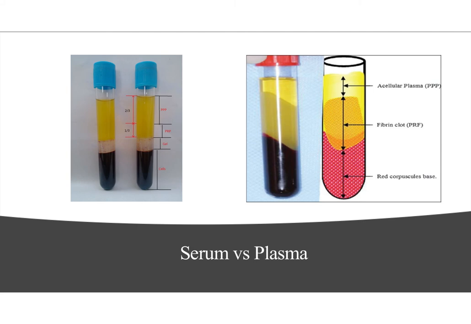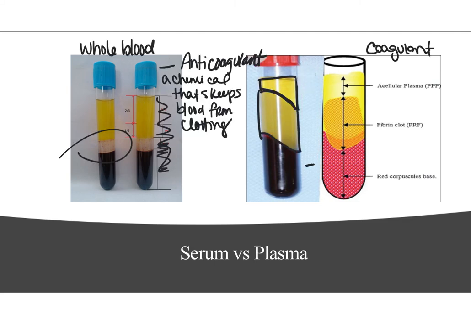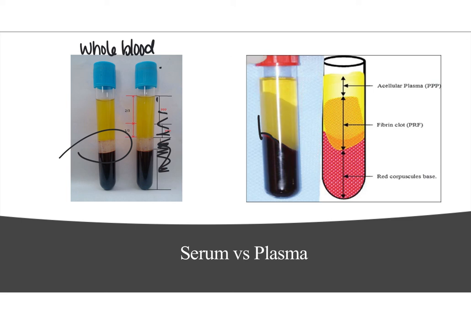So this is important to remember, that we always need to make sure that the tube has fully clotted, giving it at least 20 minutes, if not a little bit longer. No more than an hour, though, because we don't want the cells to break down any of the components that we're trying to test.